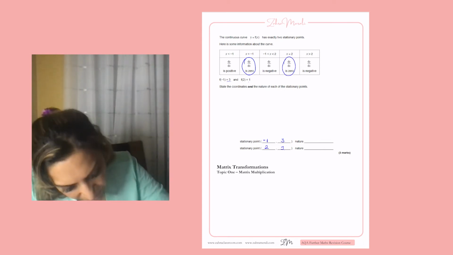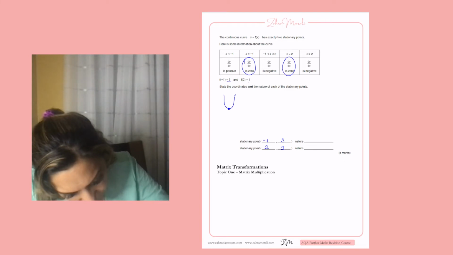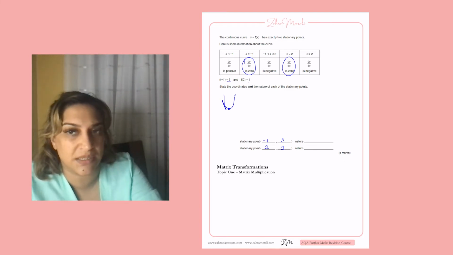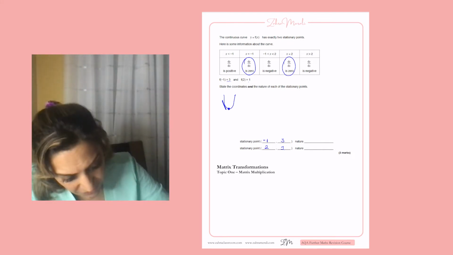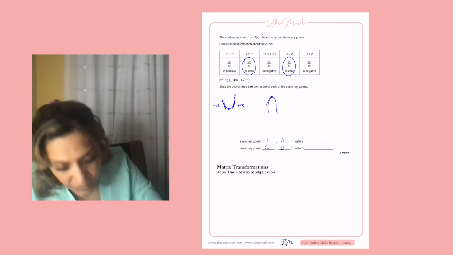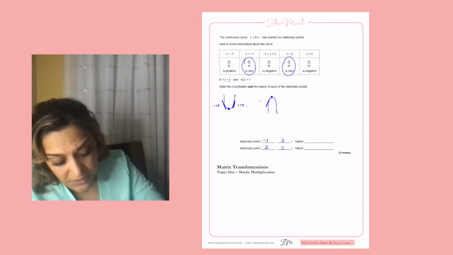Now remember, when you have a minimum point, before it you have a gradient that goes negative, and after it you've got a positive gradient. When you've got a maximum point, before it your gradient is positive, and after it, it is negative.